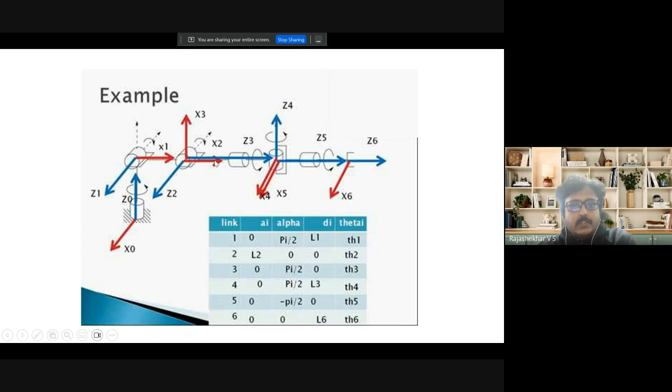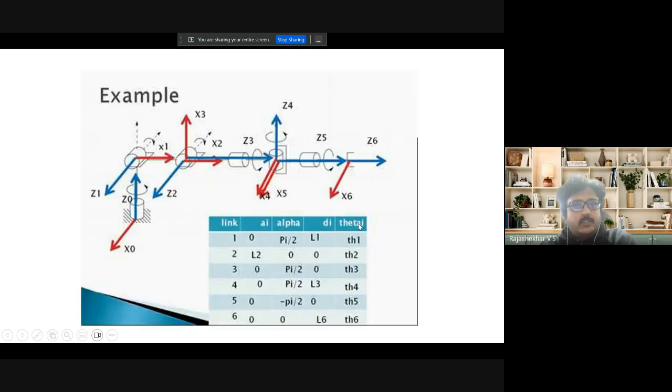This is the same over here. And last, if you see L6, only the displacement happens, so only L6 is there.